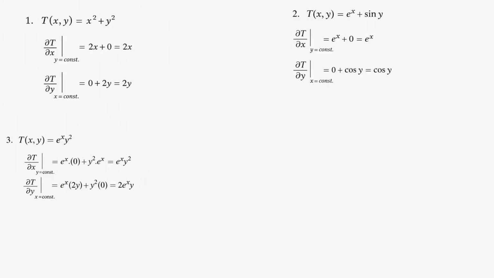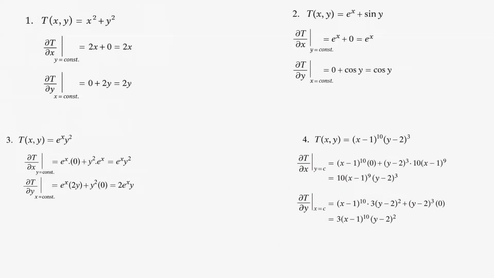So if we do it with respect to x, e to the power x stays constant and y squared will become 0 as there is no x in it. And we keep y squared as a constant and differentiate e to the power x, which will become e to the power x. So it will become e to the power x times y squared. On the other hand, for ∂T/∂y, the whole term e to the power x times y squared will become 2 e to the power x times y.